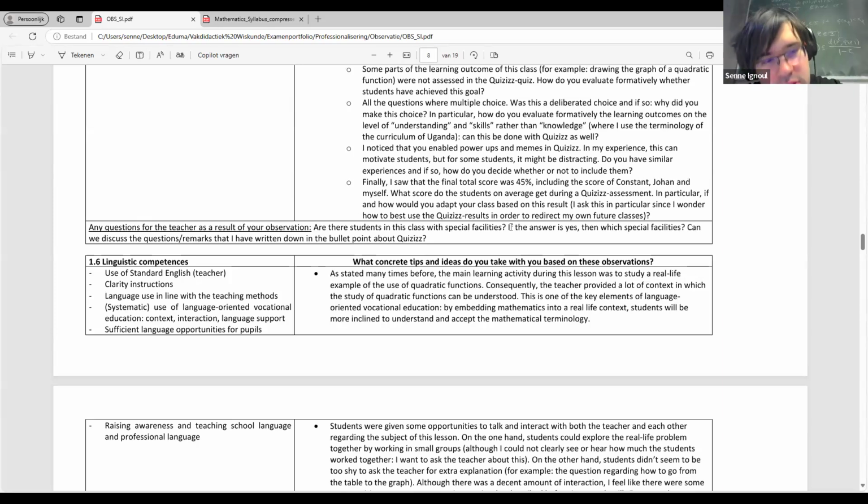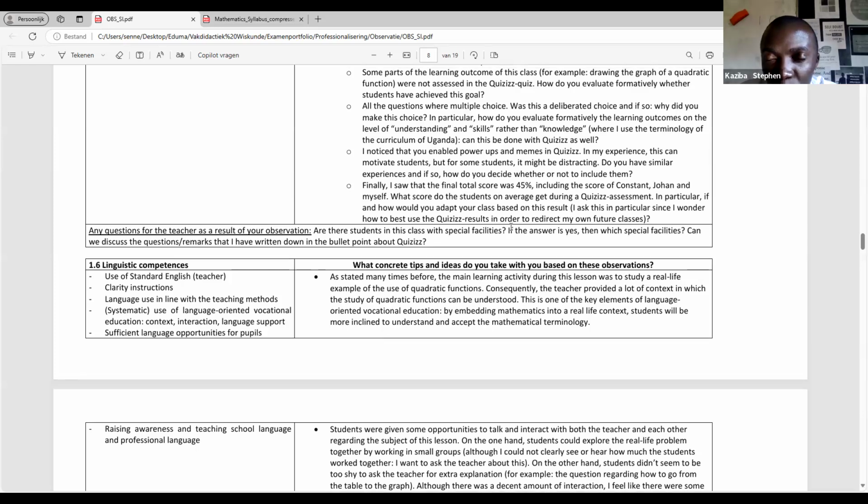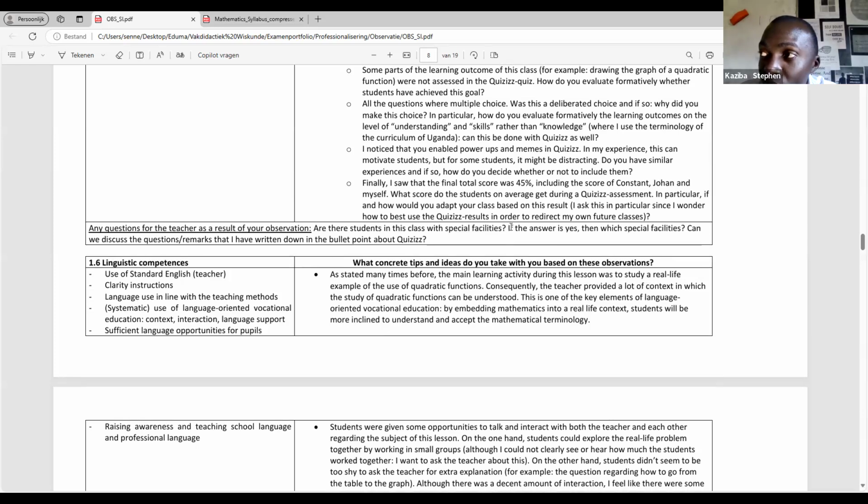Then another special category, we have children who have a low attention span. Once you are not on their case, he or she can go off the track, so you need to keep on knocking and reminding them all the time.